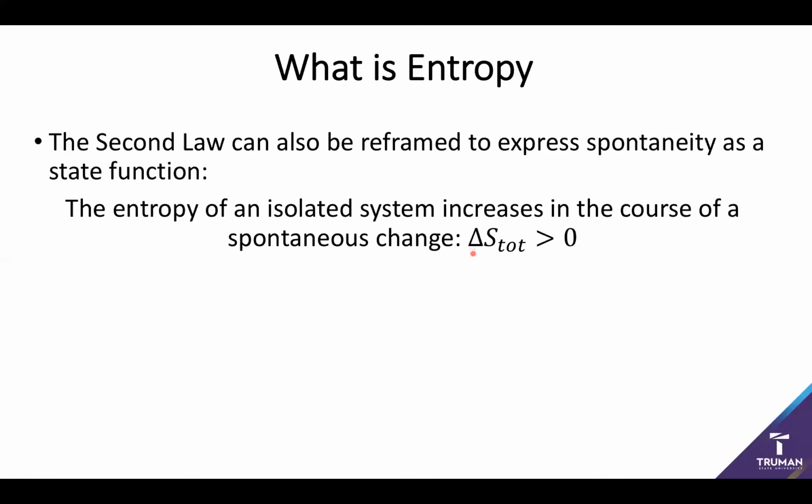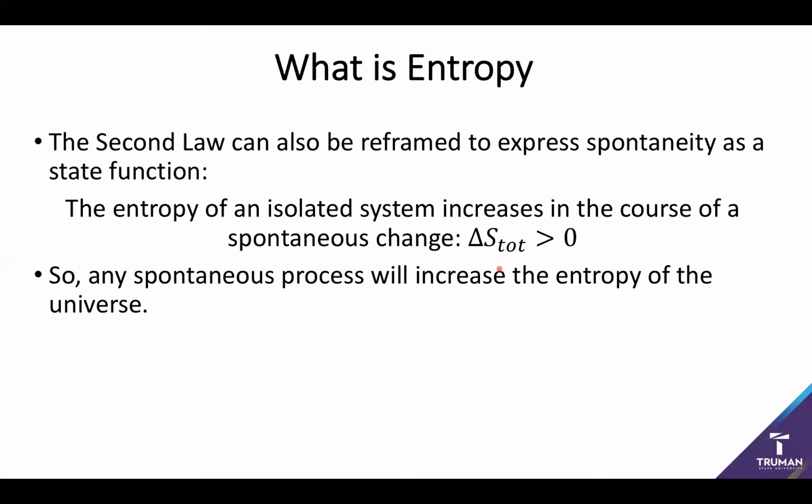A reaction or any sort of process, an expansion, a compression, is going to be possible if my total entropy is positive, and it's going to be unfavorable if it's negative. So any spontaneous process is going to increase the entropy of the universe because the universe is pretty much my biggest isolated system. It's the isolated system that encapsulates all.